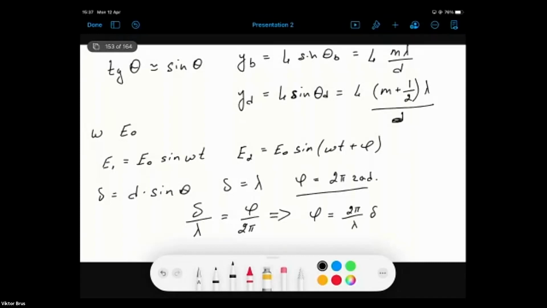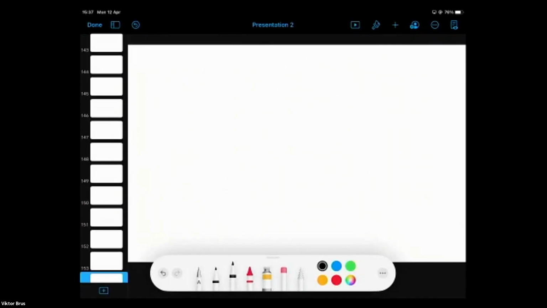And we know that delta is d times sine theta. So it will be 2 pi over lambda times d times sine theta. Okay, so this is the expression for the phase difference in our case between the two waves. And let us go to another slide.